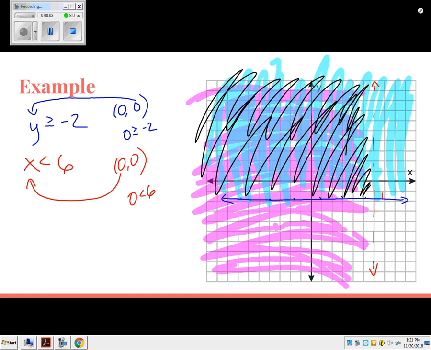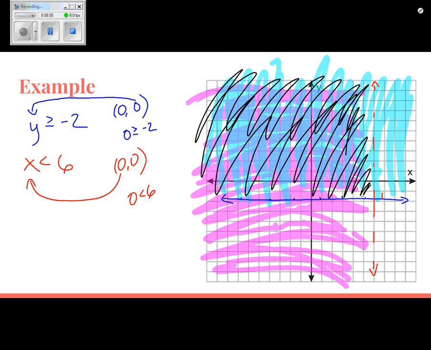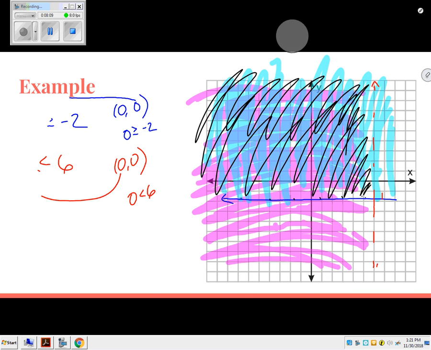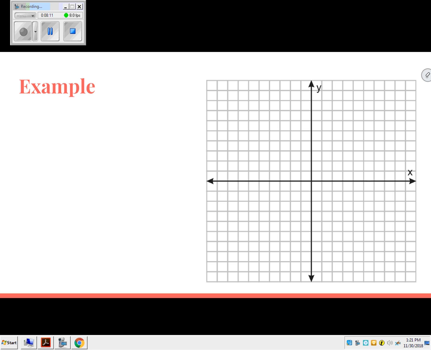All right, any other questions? Yeah, your answer is that shaded region. It's all those x, y points that are in both of those regions.